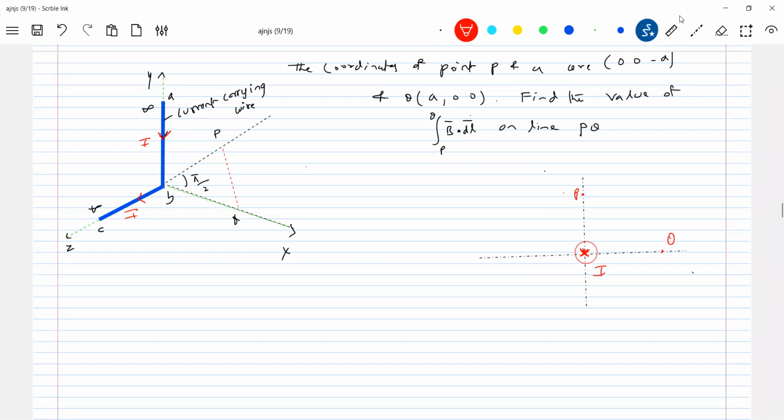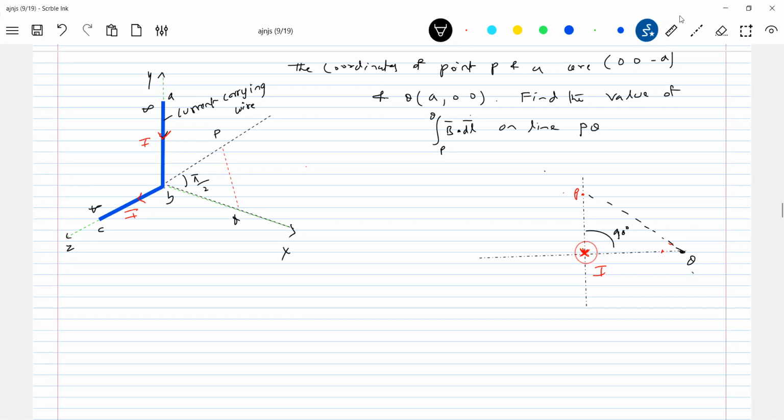If you see from the top view, this will be the condition, and this angle is 90 degrees, and this is the path.